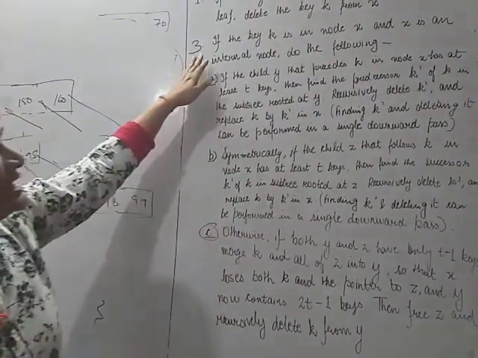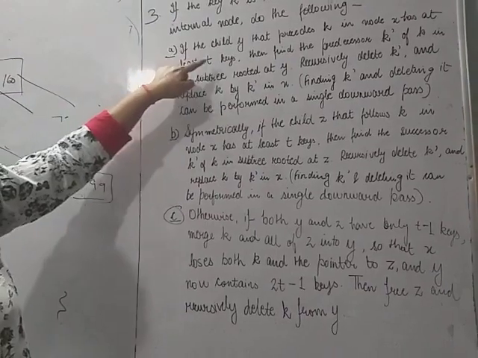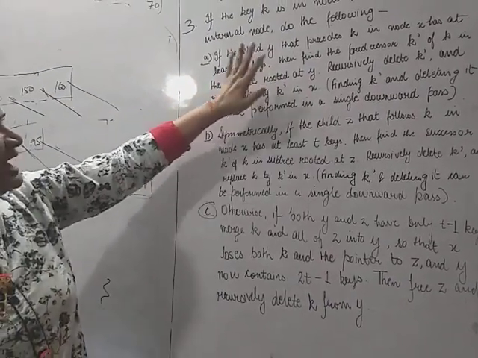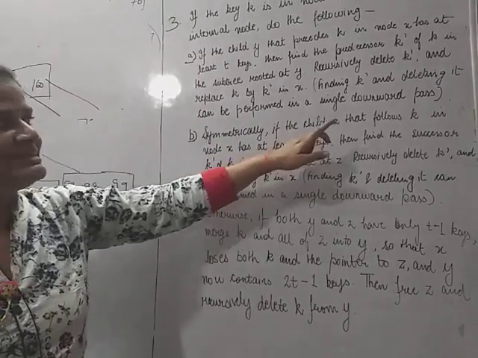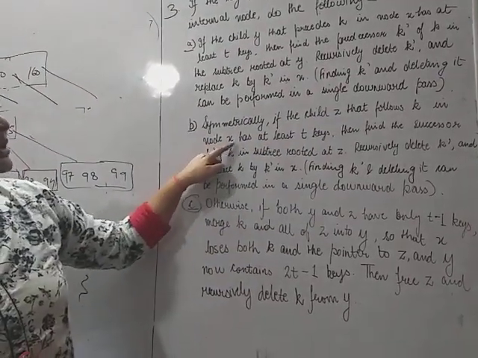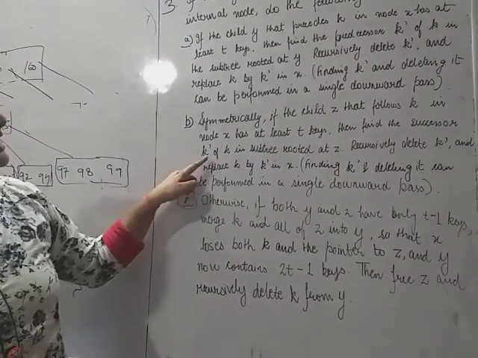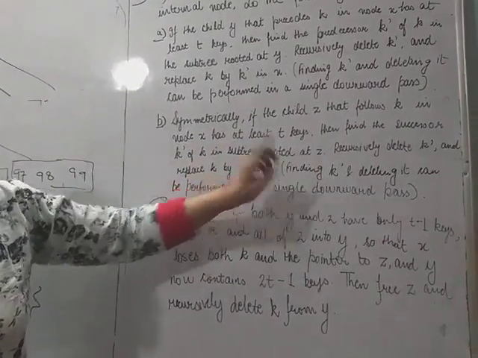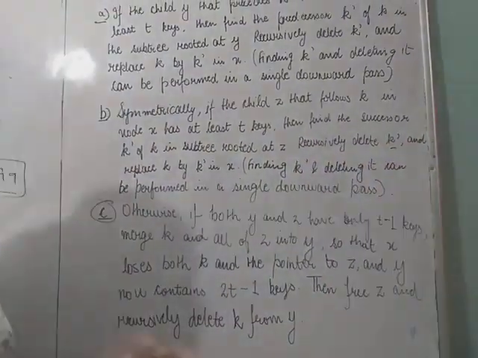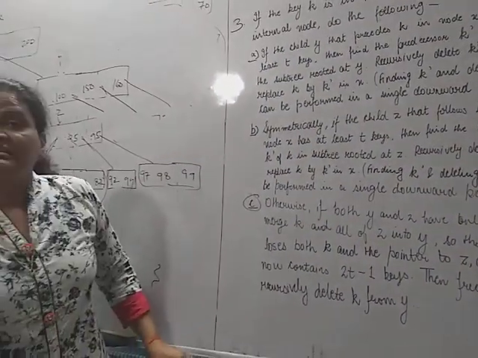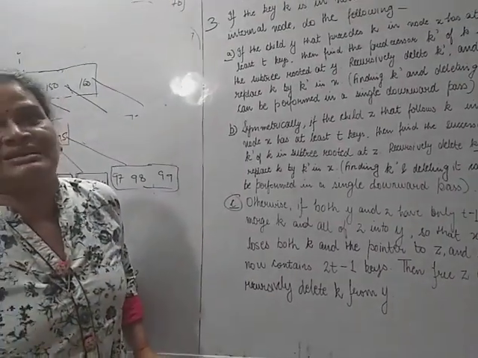Okay, now here you can see the second step. If the key k is in node x, and x is an internal node, do the following. If the child y that precedes k, I explained this one. Second, symmetrically, if the child z that follows k in node x has at least t keys, then find the successor k dash of k in the subtree rooted at z. Recursively delete k dash, which means every time you go to the first child of z and check it.